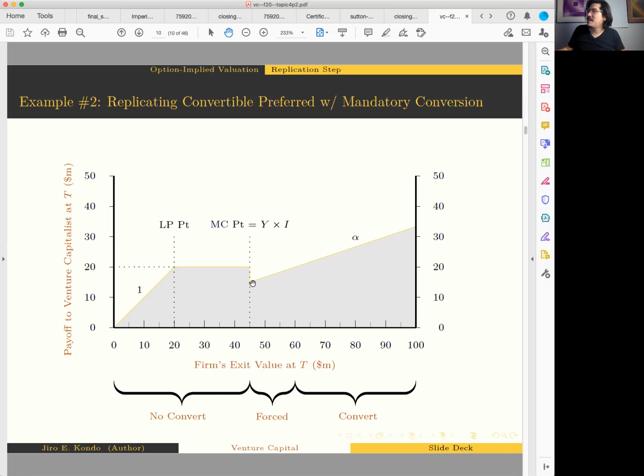And then finally, because alpha here I said is 1/3, we're going to go long 1/3 unit of call on entire startup with a strike price, again, of 45, because the slope goes from 0 to plus 1/3 exactly at 45.